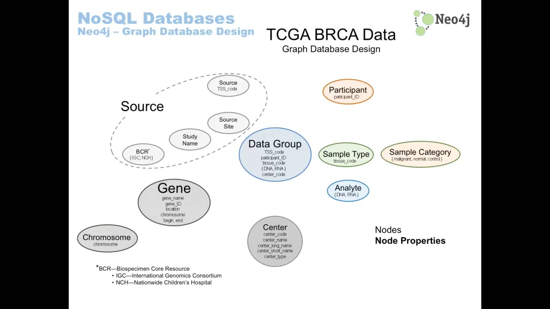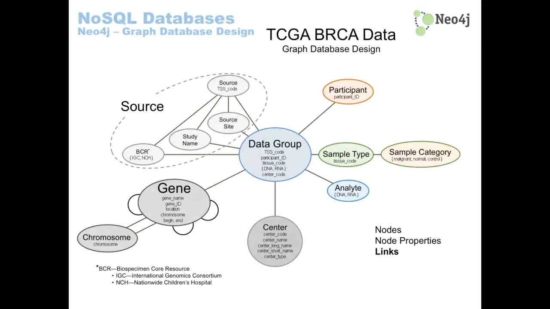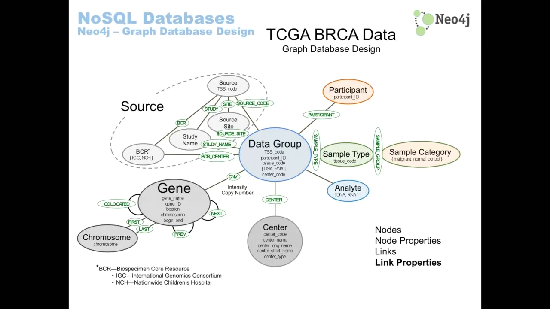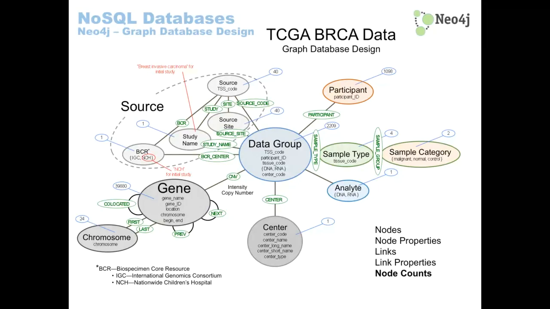And then what are the properties of those nodes? How are they linked together? And then what are the properties of those links? And then I added to this, just once we built this, what the counts of all of the nodes are.